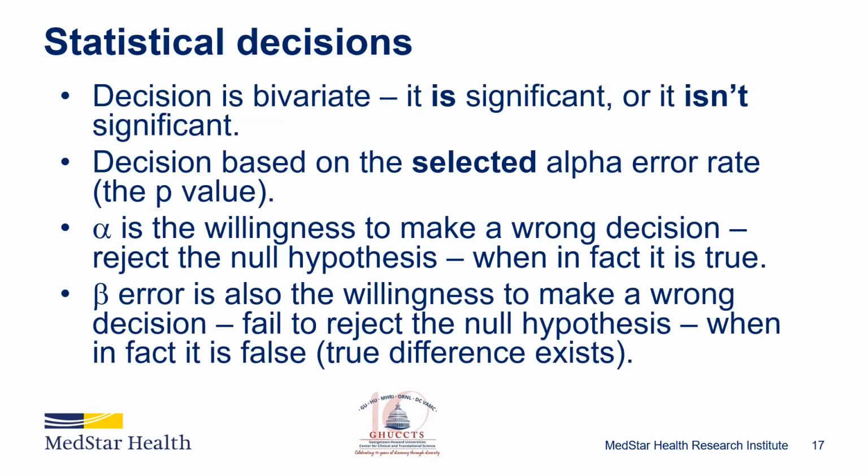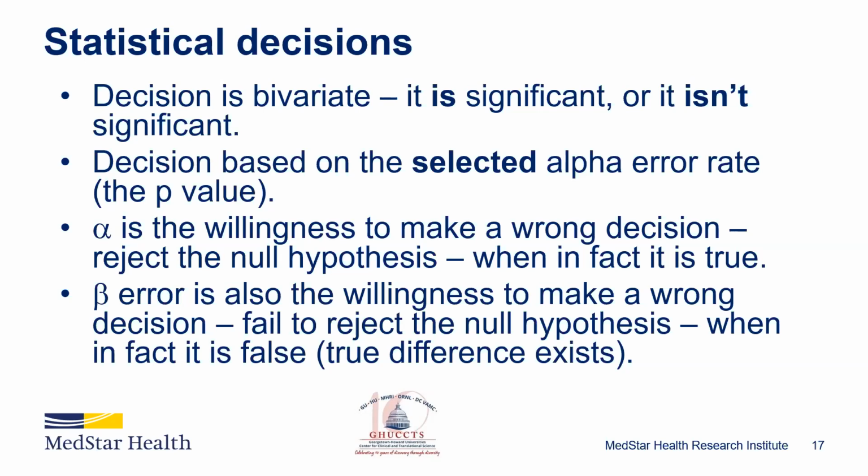That is, if our alpha error rate, the p-value, is small enough, or it's smaller than what we set it at, then we say it is significant or statistically significant. If our p-value is greater than our set rate, say 0.05, then it's not significant.